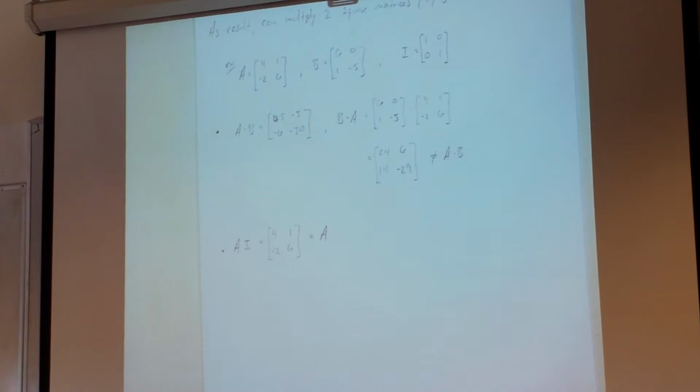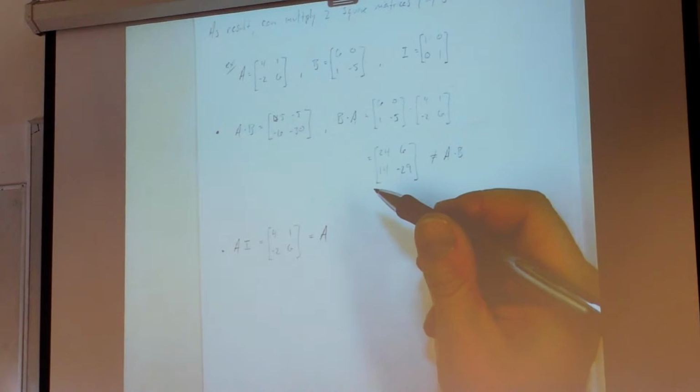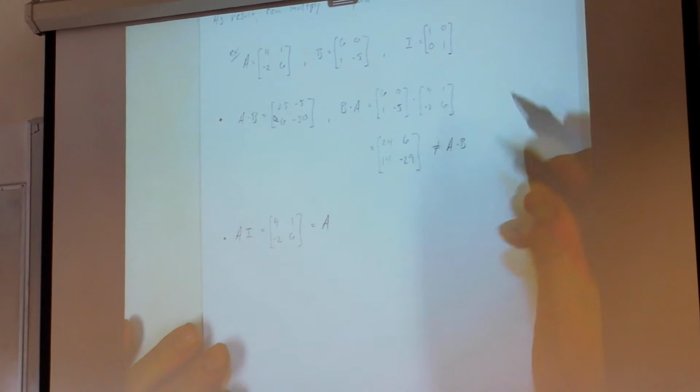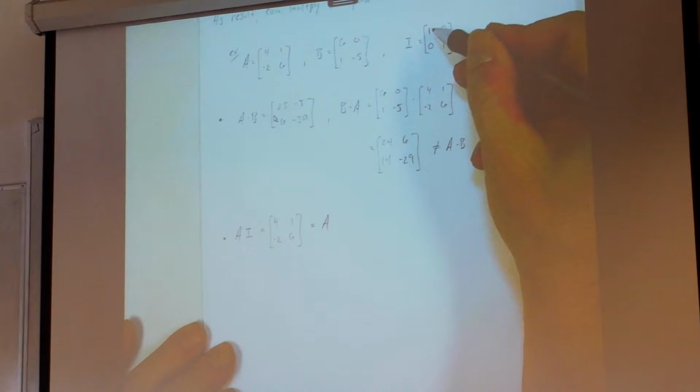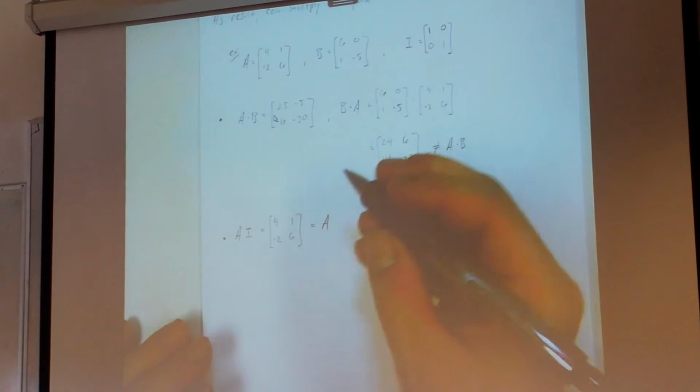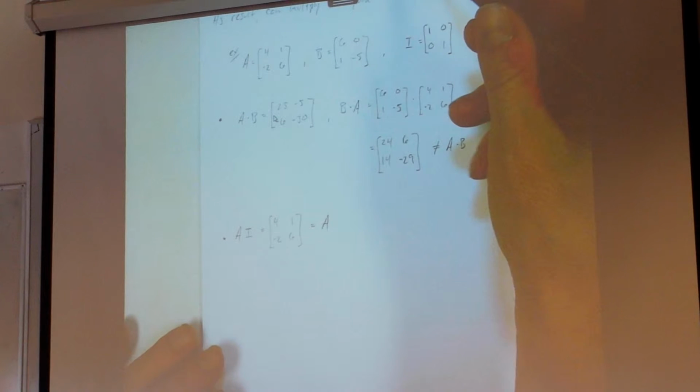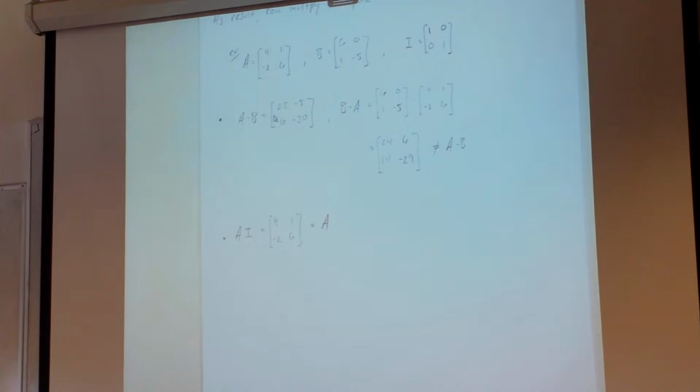Okay. What happens if you, well, let's just go ahead and define it. This matrix I is special. This is a 2 by 2 identity matrix, order 2 identity matrix. So I is referred to with the ones down the diagonal and 0 on all the other entries.